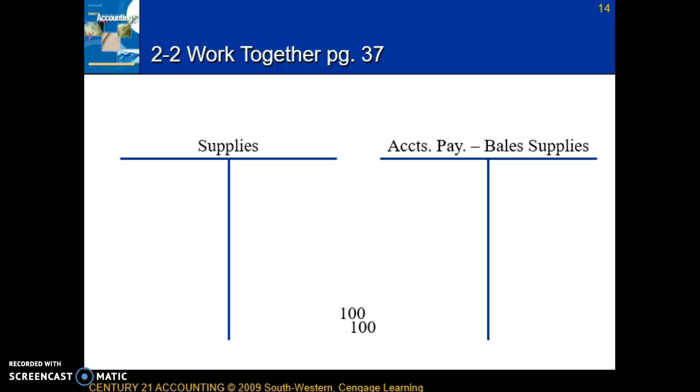So we bought supplies on account. Our supplies are going to be increasing, so it's going to be a $100 debit. Now, accounts payable, what we owe them, is also increasing, so that's going to be a $100 credit for them since that is a liability. Once again, our debits and credits still equal.